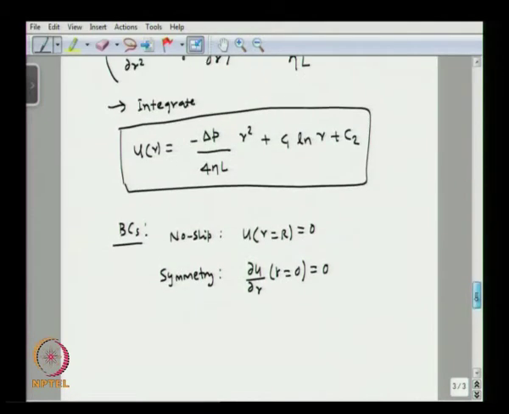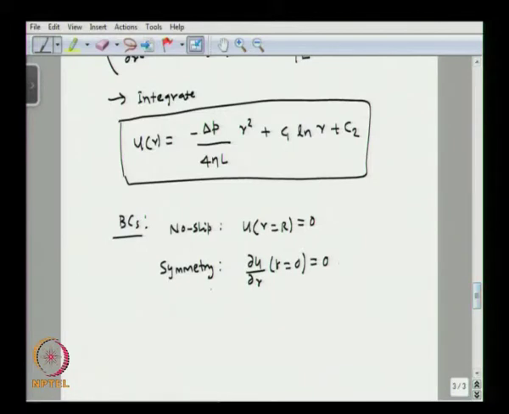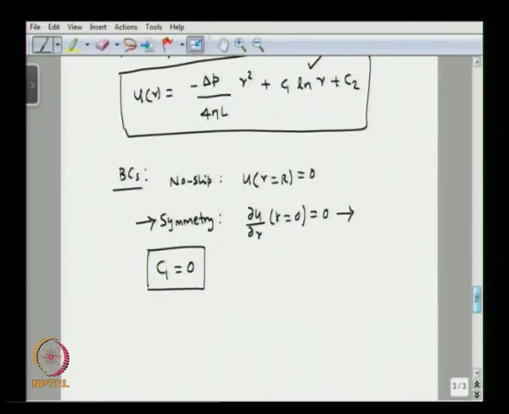Now, if you look at this equation and try to apply the symmetry boundary condition, you would see that this requires C1 to be 0. Since you have a ln term here, if C1 is not 0, then it is not possible to obtain a solution. So C1 needs to be 0.